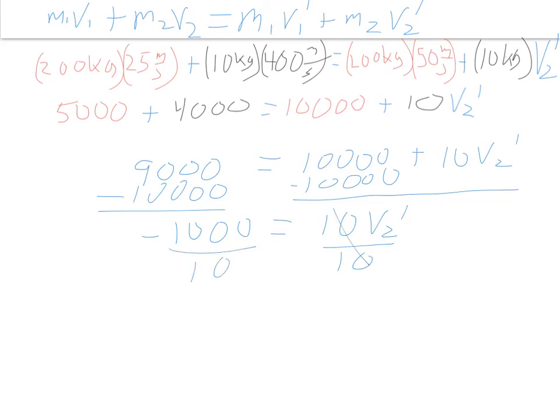We're left with our final answer, which is the cannonball bounces off at negative 100 meters per second, V2 prime. The negative sign tells me the direction, so it's going to bounce to the left. And the 100 part, that is the speed of the cannonball.